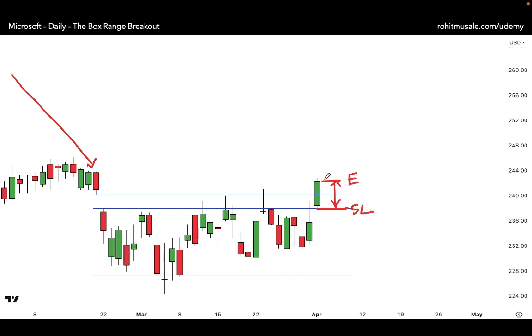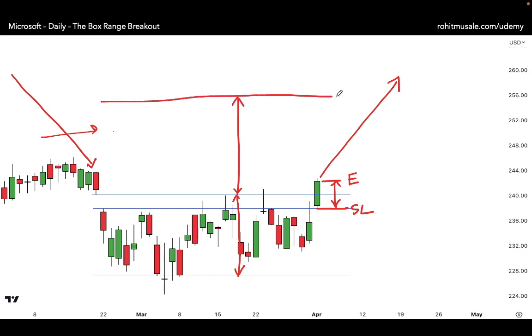There is no need to keep a target, just ride the market upwards because there is no resistance in between. The market has been coming down from here. At least you could aim for this particular target. This is called a measured move. You can read the book Japanese Candlestick Charting Techniques. In that book he has mentioned this kind of a trade.